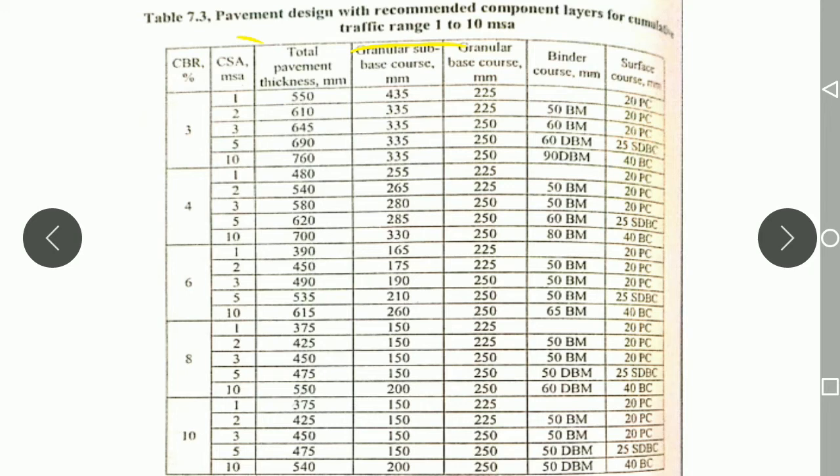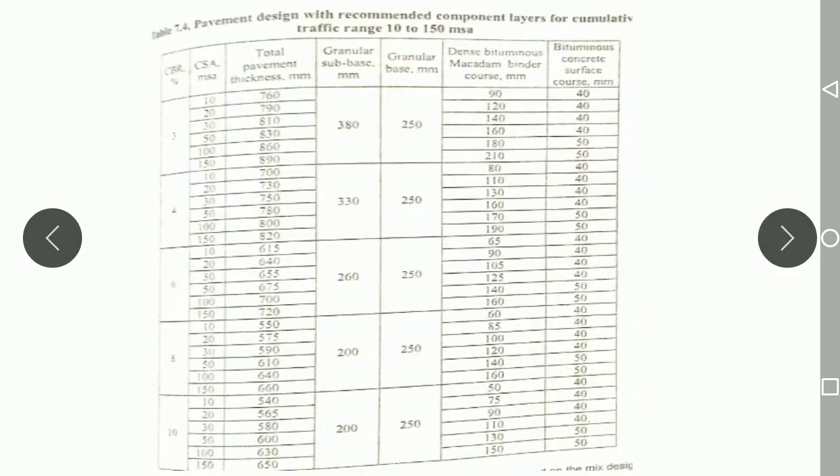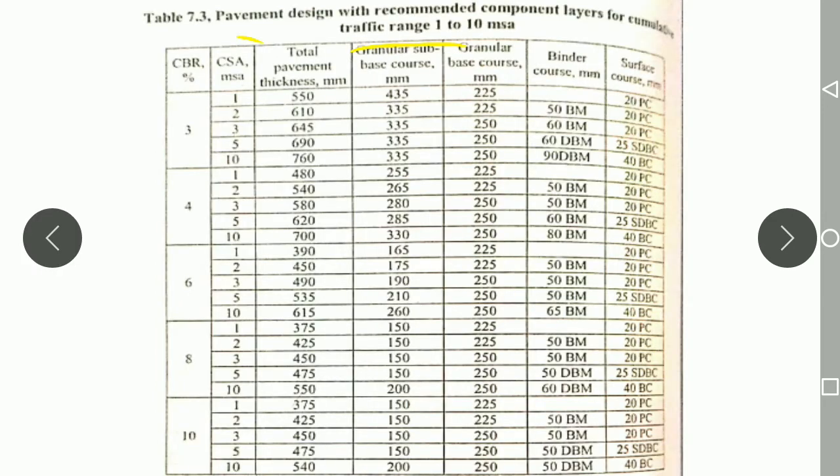Also we have two different tables as per the IRC guidelines, table 7.3 as well as table 7.4. You may get these tables in your Khanna and Justo textbook. If the cumulative standard axle value is 1 to 10, you can refer to this table. The CBR value is given, and cumulative standard axle values are given.